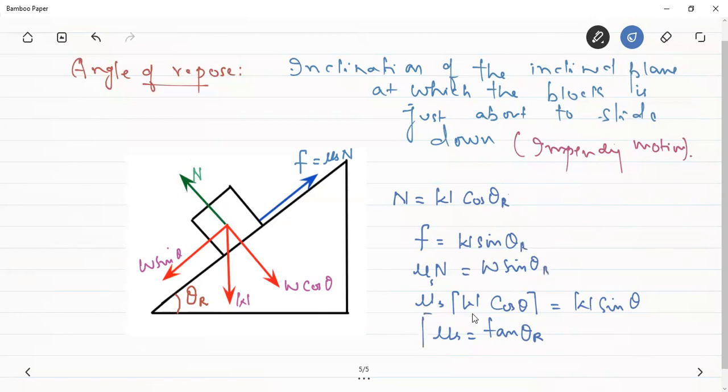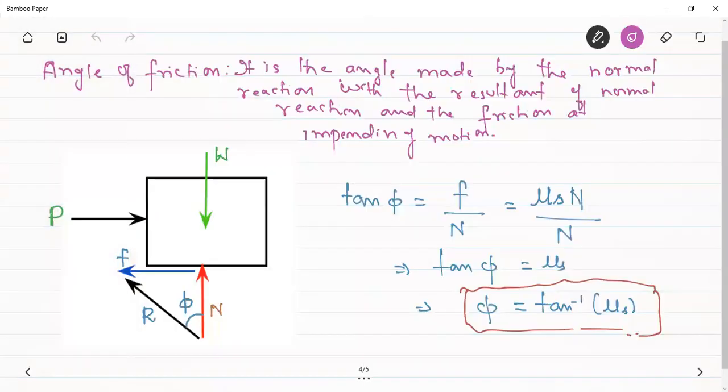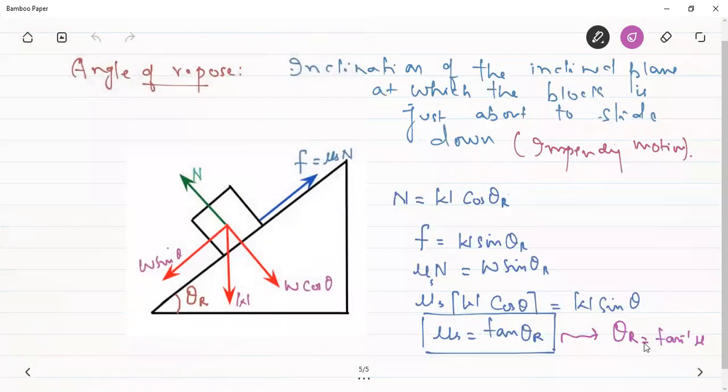So this is actually the angle of repose. From here we can get the angle of repose: theta r is equal to tan inverse mu s. In the previous slide we had obtained one relation, that the friction angle is equal to tan inverse mu s, and here we see that theta r is equal to tan inverse mu s.